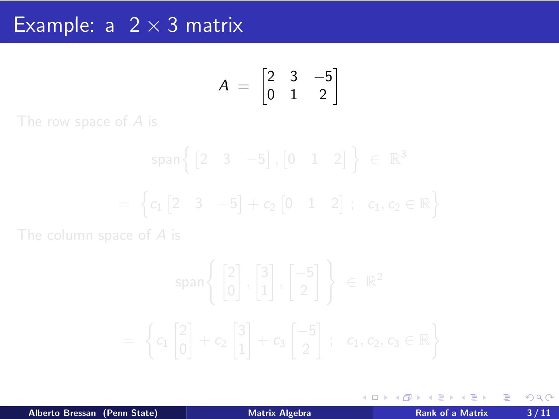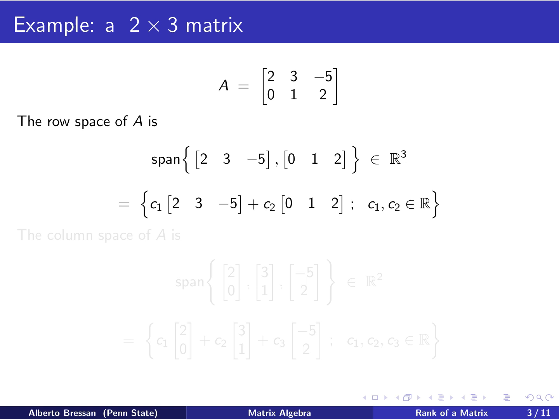Okay, let's take an immediate example following this definition. Consider a matrix which is 2 by 3, which looks like the following. So we can view this as a collection of 2 row vectors. One is the first row and the other is the second row. And also you can consider this as a collection of 3 column vectors, 1, 2, and 3.